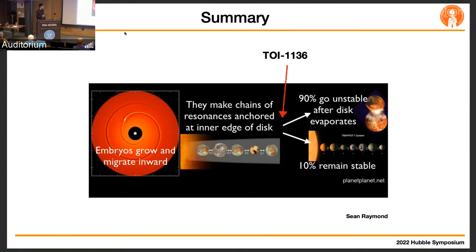So the discovery of TOI 1136 at 700 million years nicely fills this gap in our understanding by providing us a planetary orbital architecture that is emergent from the disk migration before any subsequent evolution has disrupted the resonance. All right, I'll end here and take any questions. Thank you.